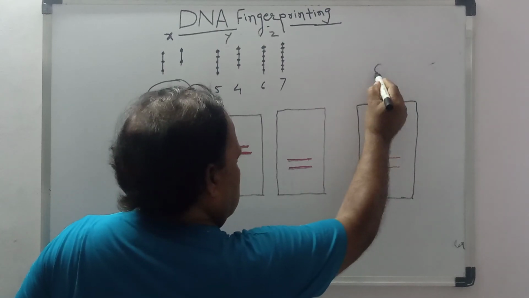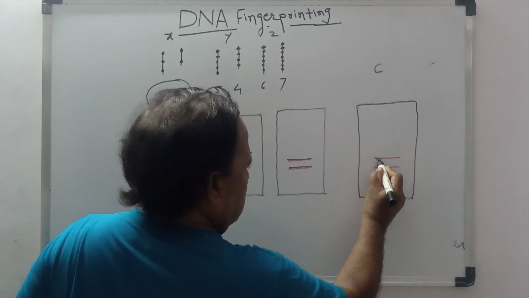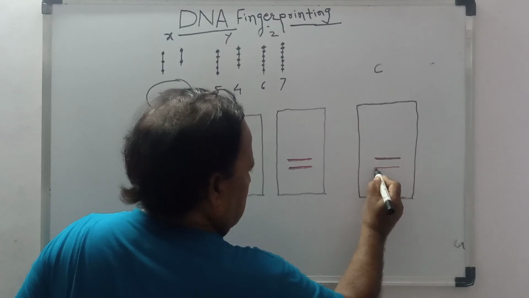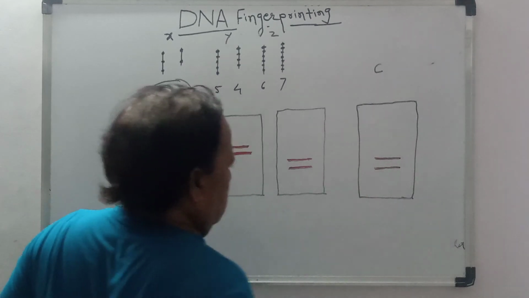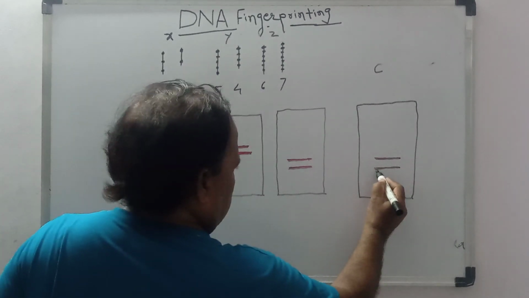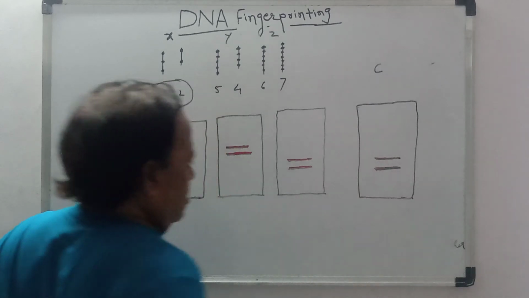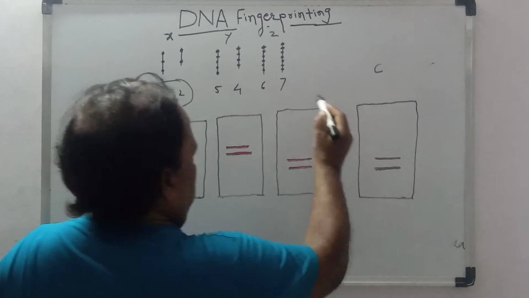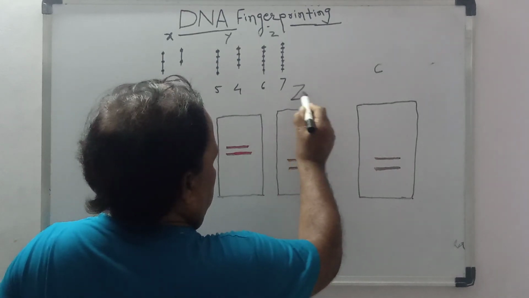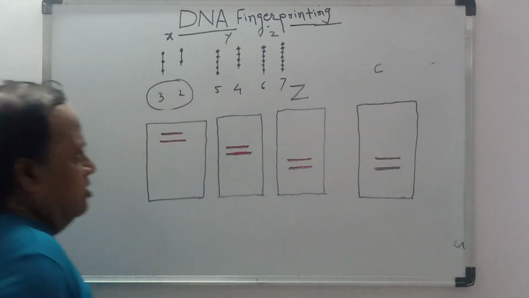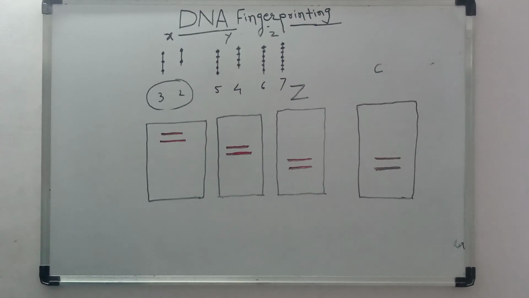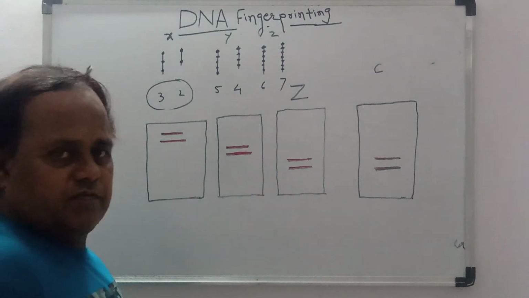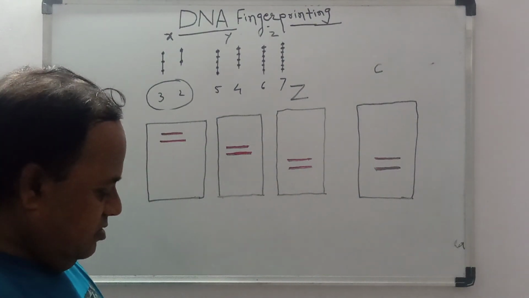For the blood sample, the band formation is like this. Hence, from this, we can conclude that Z is the suspect who has committed the crime. Okay?